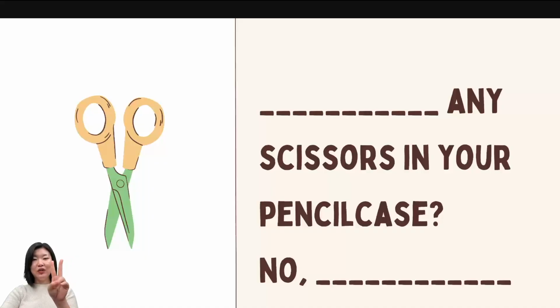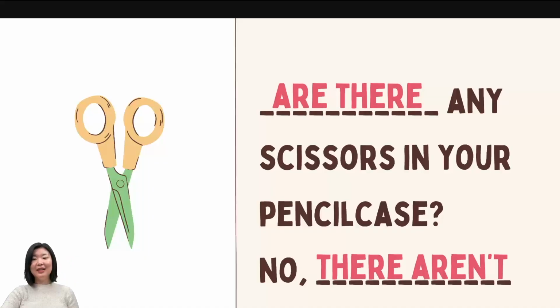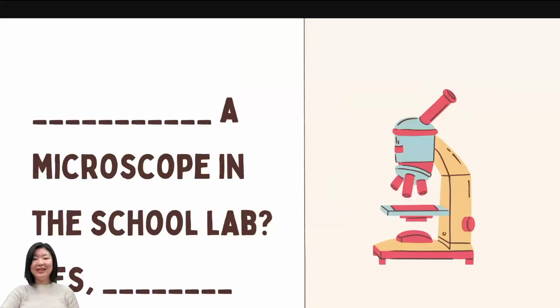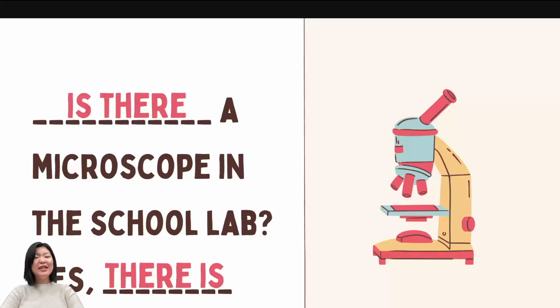3, 2, 1. Are there any scissors in your pencil case? No, there aren't. Scissors are always in the plural form of a noun, so you must use are there. 3, 2, 1. Is there a microscope in the school lab?